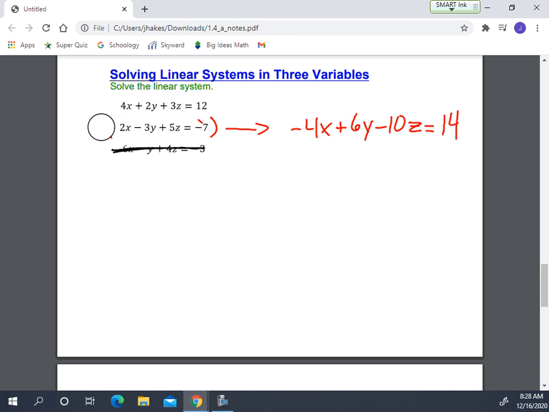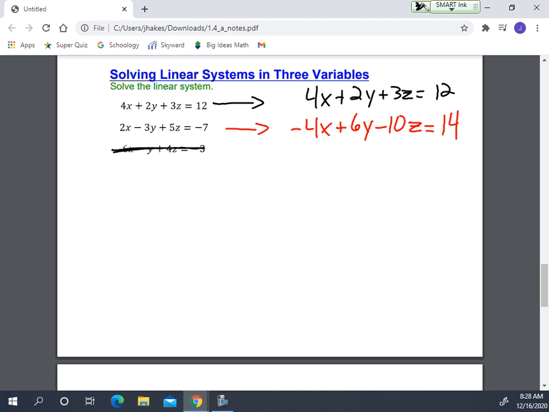Now I have to copy that top equation and bring that over. I get 4x, which is perfect. There's my opposites, 4x and negative 4x. I'm going to be getting rid of x. Plus 2y plus 3z equals 12.